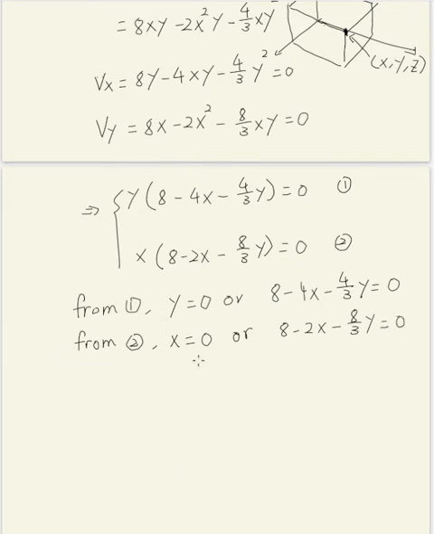Okay, so you get four critical points. The first one is x equals 0, y equals 0.